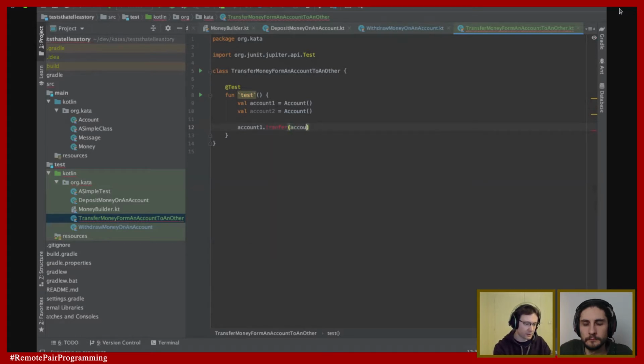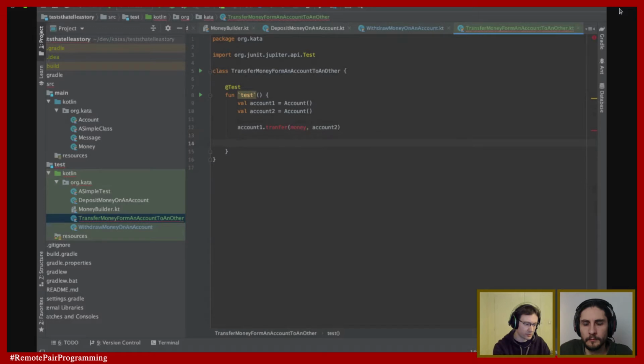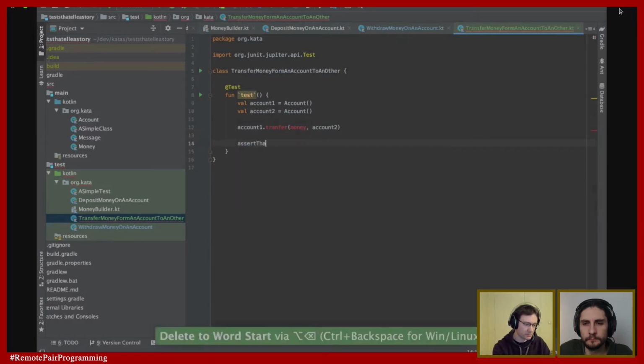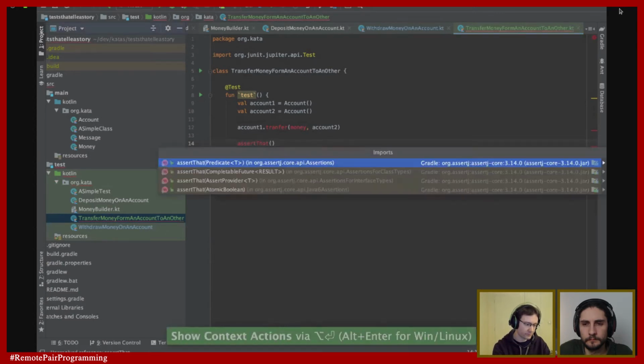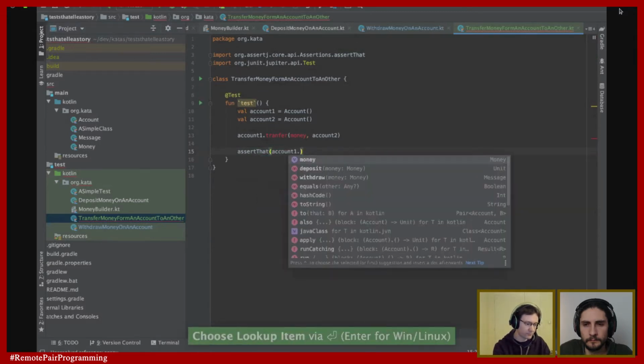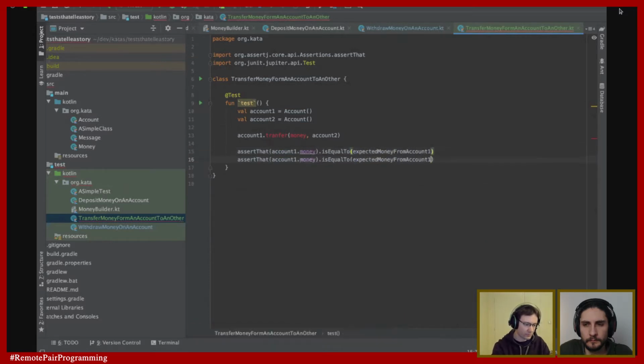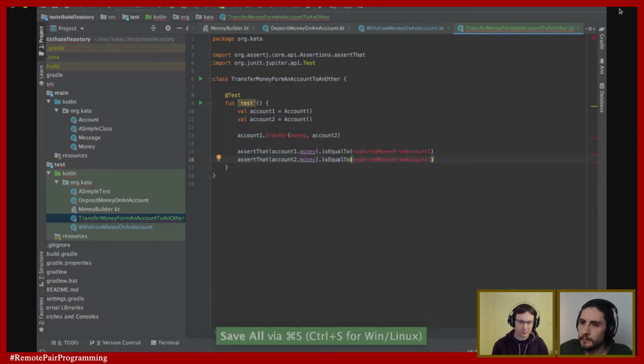So you want to transfer something like this, and you would like that when we do this, we have something like this. Is this what you told? Yes.